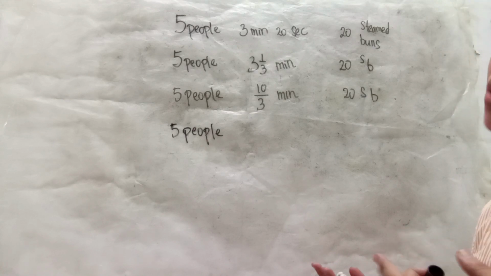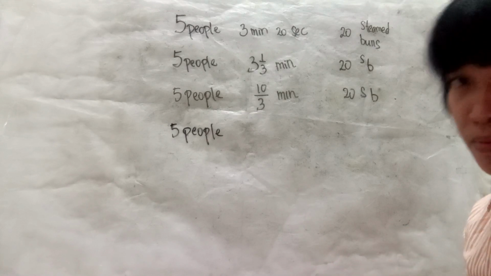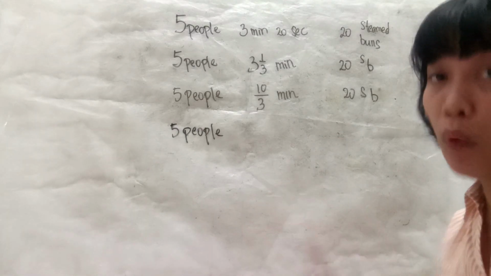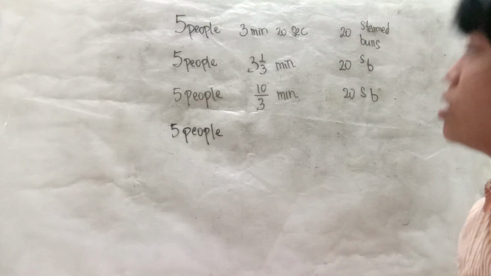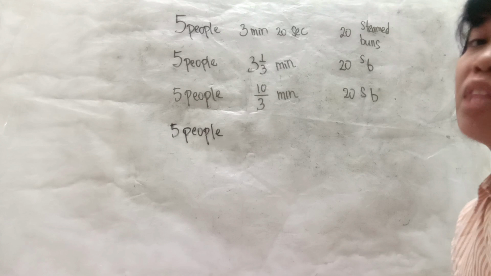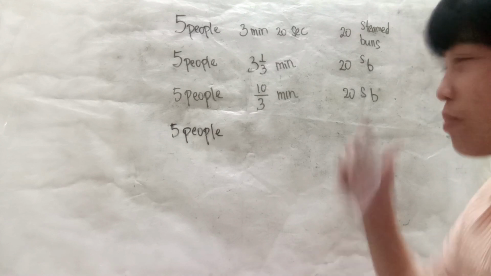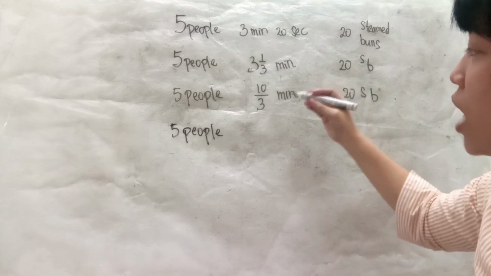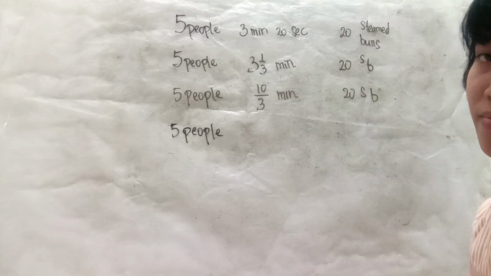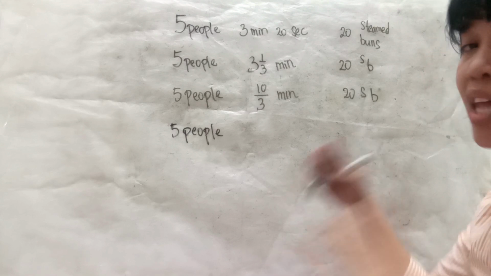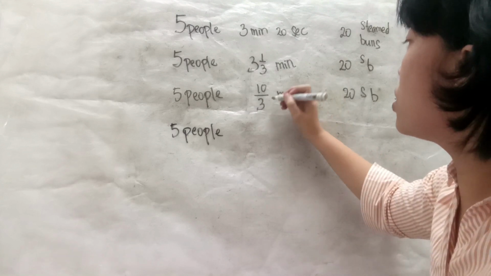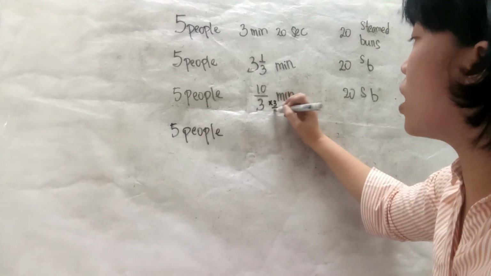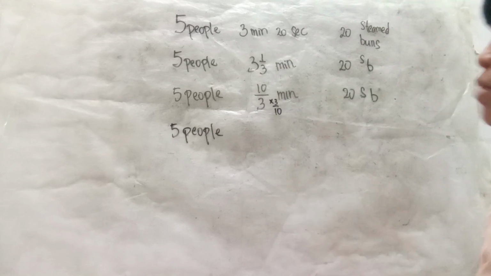Of course, you divide it by itself. 5 divided by 5 is 1. So 10 over 3 divided by 10 over 3 will be 1, or 10 over 3 times 3 over 10. Change the position, so we times this by 3 over 10. So here will be 1 minute.